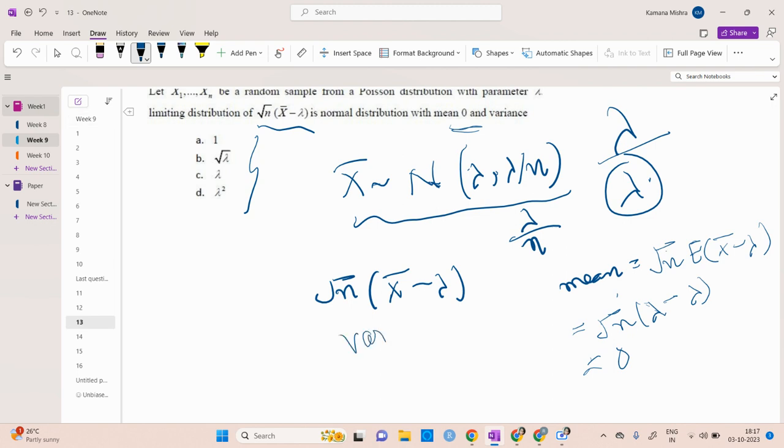Then the variance will be root n squared, since the variance of a times x is a squared times the variance of x. So it will be n times the variance of (x bar minus lambda).